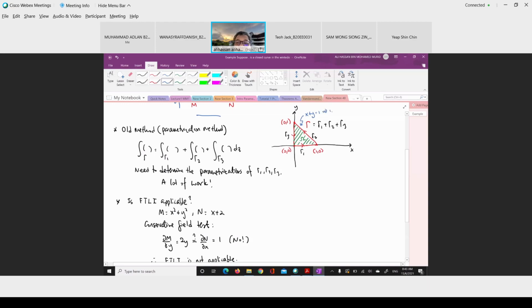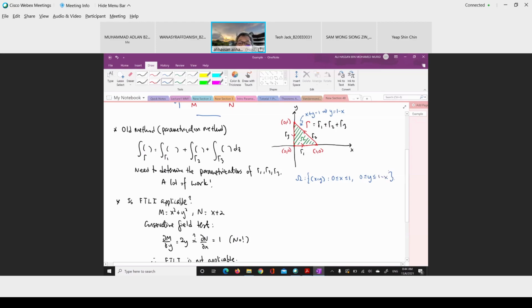So that means y equal to 1 minus x. So for the region omega, it consists of all points x, y such that x is between 0 and 1, and y is between 0 up to that line, 1 minus x.